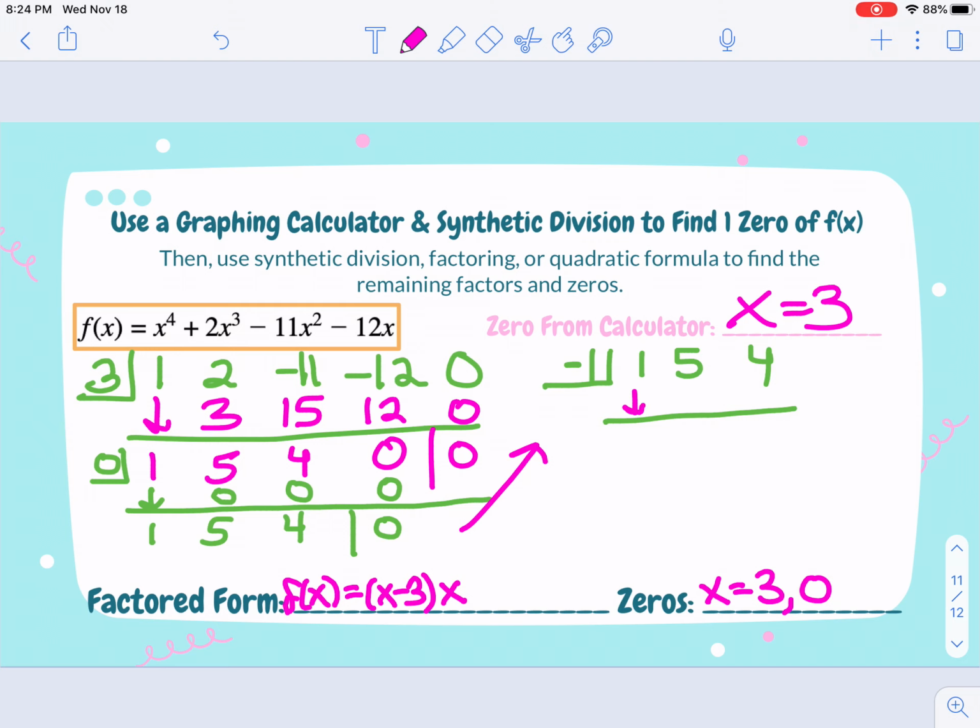So bringing down the 1, we have 1 times negative 1 is negative 1. 5 minus 1 is 4. 4 times negative 1 is negative 4. And 4 minus 4 is 0. So now we know that x equals negative 1 is a solution, and x plus 1 is a factor.